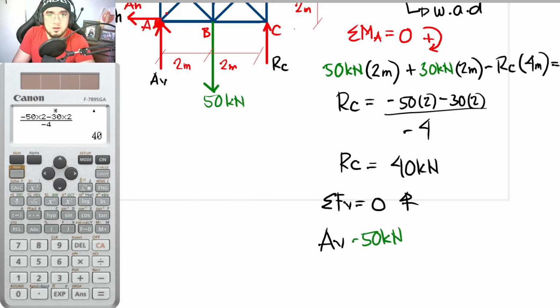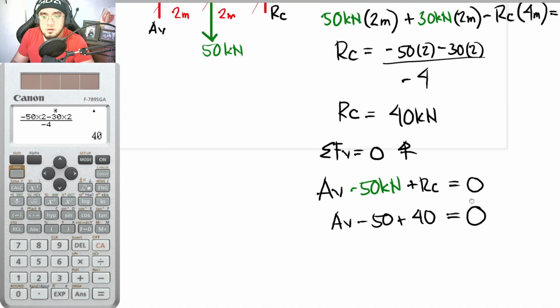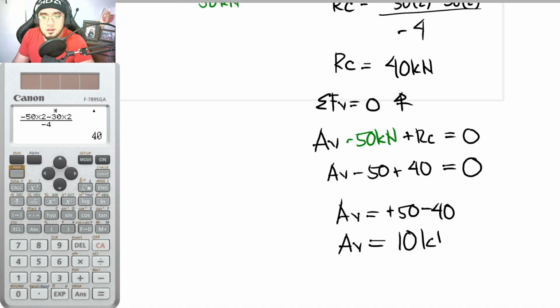Then RC is also upwards, so plus RC. So this is now equal to 0. And since RC is equal to 40 kilonewtons, AV minus 50 plus 40 is now equal to 0. So with that, AV is now equal to, transposing negative 50 and 40 to the other side, positive 50 minus 40. And with that, we already have the value of AV equal to 10 kilonewtons.